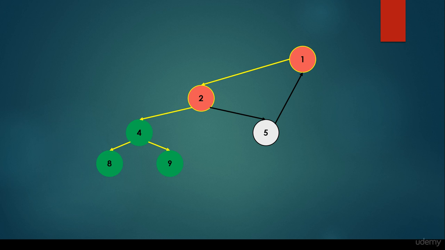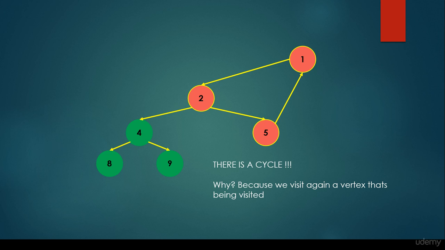The 2 is still being visited because it has an unvisited right child. So let's visit it. We visit the 5. Okay, we consider the 5 and we come to the conclusion that it still has some unvisited neighbor. And we visit the neighbor and we come to the conclusion that, okay, the vertex 1 is still being visited. And there's a backward edge to a vertex that's still being visited, which means that there's a cycle.